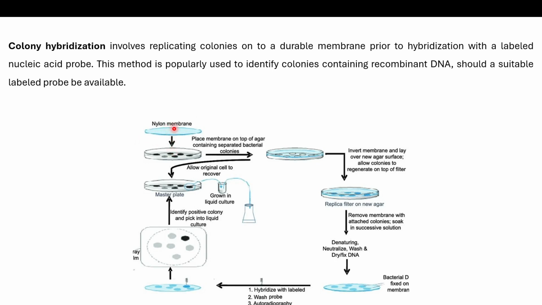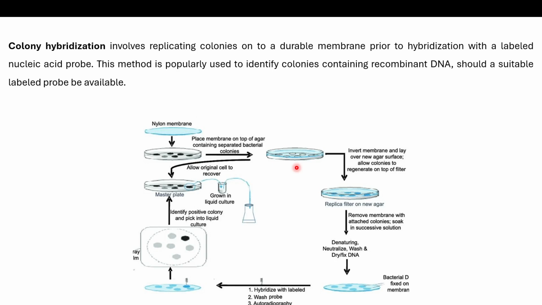So the nylon membrane is put on top of this bacterial plate. Suppose this is a plate and this is your membrane, and you have colonies growing on the plate. Because that membrane is permeable, you put it onto another plate which has a suitable medium for the bacterial colonies to grow.